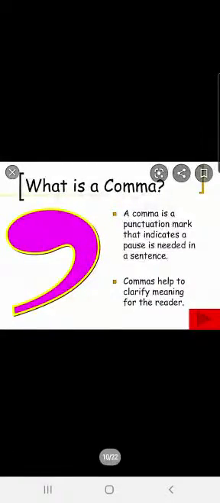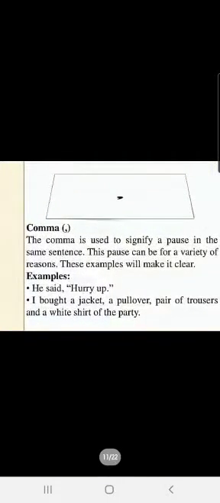Let us see more about comma. A comma is a punctuation mark that indicates a pause which is needed in a sentence. Commas help to clarify meaning for the reader. The comma is used to signify a pause in the same sentence. This pause can be for a variety of reasons. These examples will make it clear. He said, hurry up.